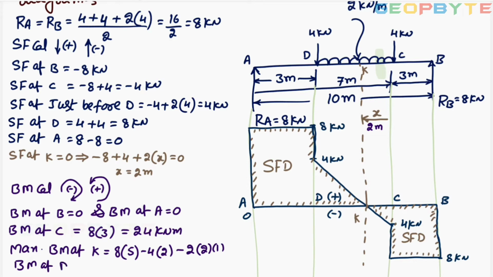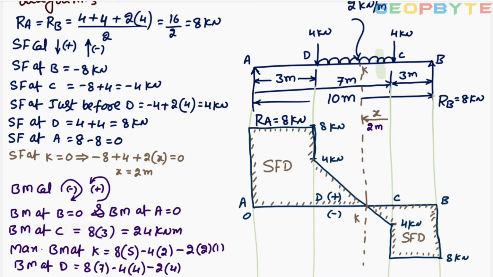Similarly, last point, bending moment at D. Count how many loads are there before D. One reaction at B, one point load at C, one UDL in between the C and D. So BM at D equal to 8 into the distance up to D, that is 7, minus 4 into 4, minus 2 into UDL distance gives the point load.